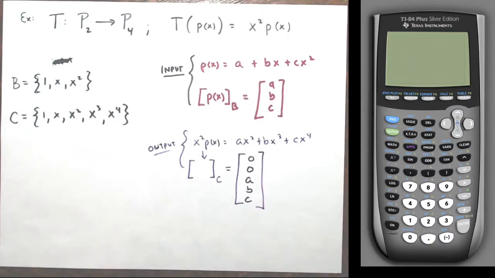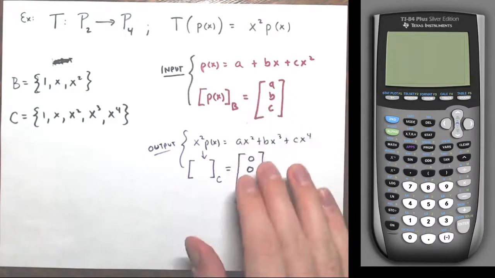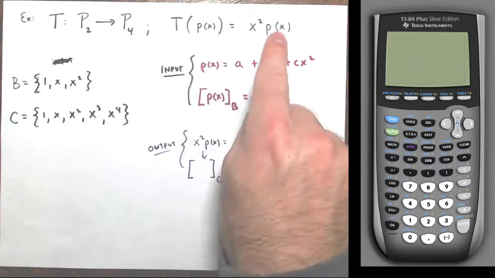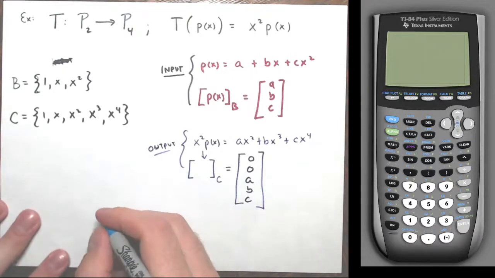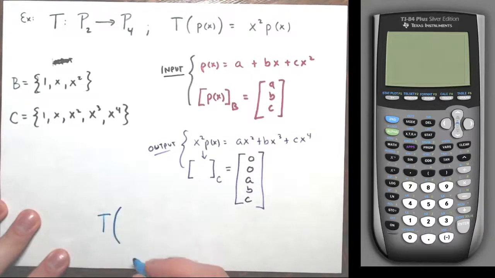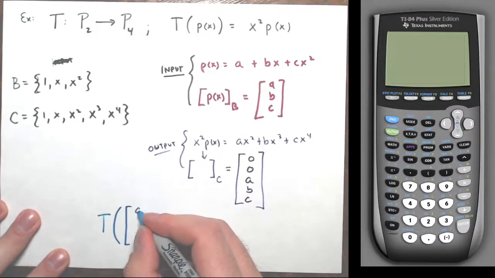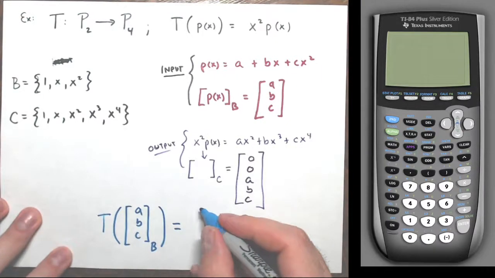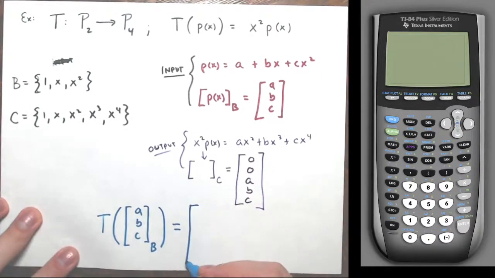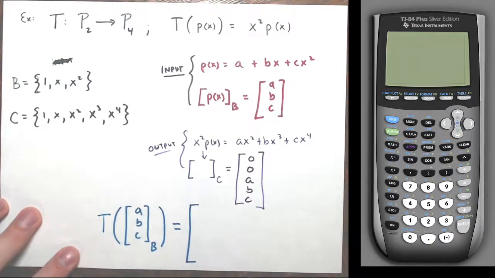All right. And then I could use these coordinate vectors here to change my little rule into a rule that's similar to what we saw between Euclidean spaces. So T of a, b, c, and again, these were the coordinates with respect to basis B, the basis for P2, would be equal to the coordinates with respect to basis C for the output: 0, 0, a, b, c.